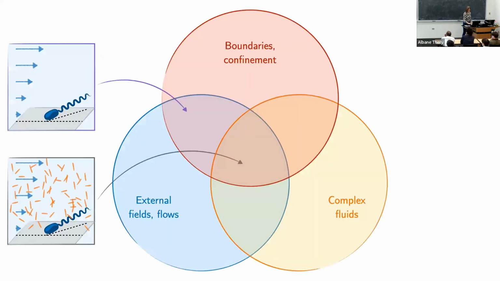So this is a more recent project at UPenn. And it has to do with the fact that if you look at bacteria, but also spermatozoa and a lot of flagellated microorganisms, if there is an external flow, they're going to move upstream.